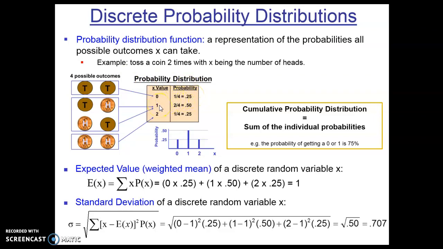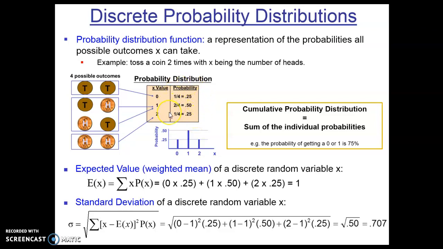The probability of getting 1 head, well, you'll notice out of the 4 outcomes, there's 2 situations where we have 1 head. We have tails, heads, or heads, tails. So the probability of getting 1 head is 2 out of 4, which is 50%. And then the probability of getting 2 heads, there's only 1 out of the 4 outcomes that would represent 2 heads. So that's 25%. Okay.